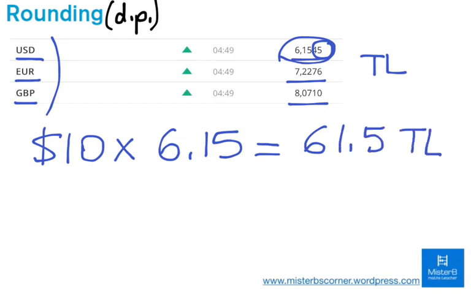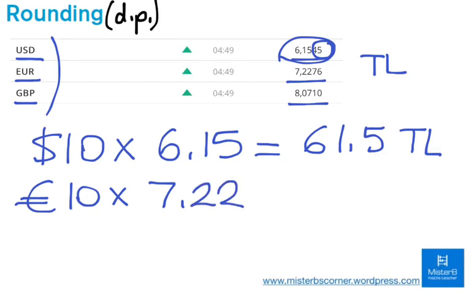If, on the other hand, I had 10 euros, it would go like 7.22. Well, this is where I have to say no. This is not supposed to be 2, because you can see that after 2 comes 7, which is a little bit too much to scrap.